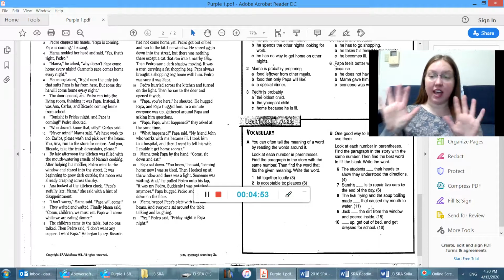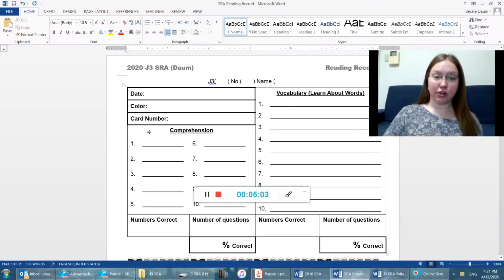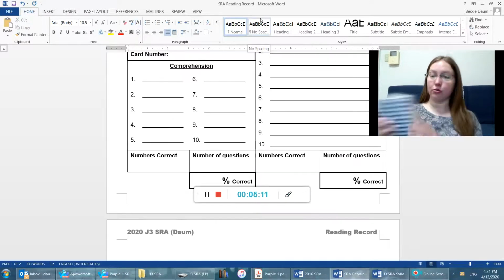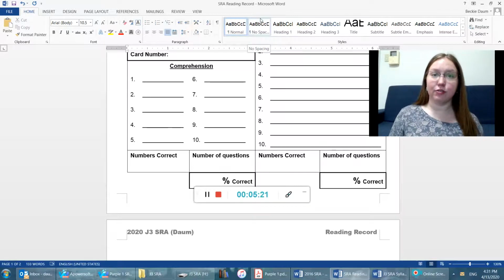There are 10 of those questions. When you are answering the questions, for now, you can write the answers in this document, this SRA reading record, or you can write in a notebook by hand. You should write all of the answers down, even if you have to guess.